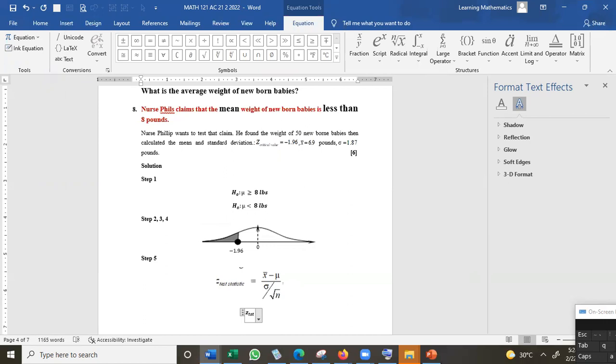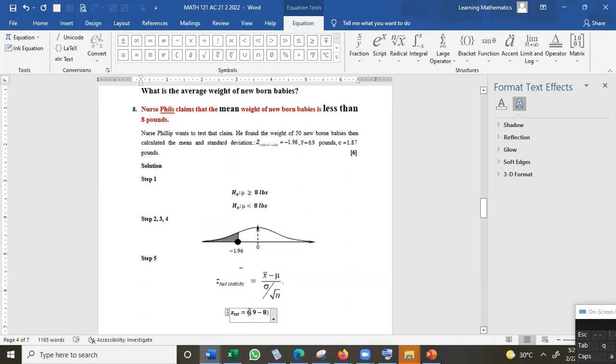When you put a little c, doesn't matter. Is equal to, it's a fraction. X bar, the sample statistic is 6.9 minus mu, the 8. That was what was proposed in the hypothesis.